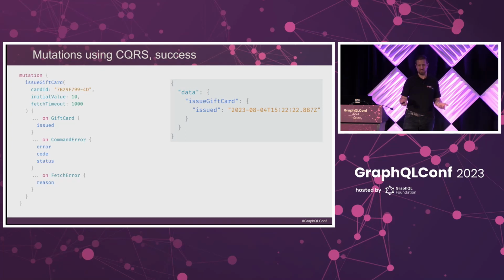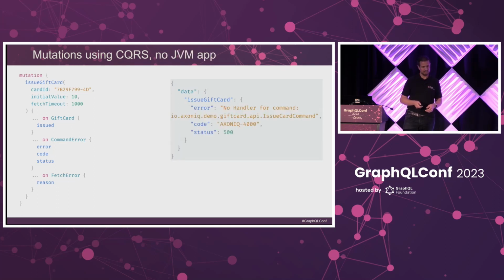So this is the happy flow. Then you get back the cards. In this case, we only queried for the issued field. This is the case when there's no command handler. In this case, the command did reach the Axon Server, but there wasn't a registration anymore from the JVM app that can handle the command, so then it sends that error back.